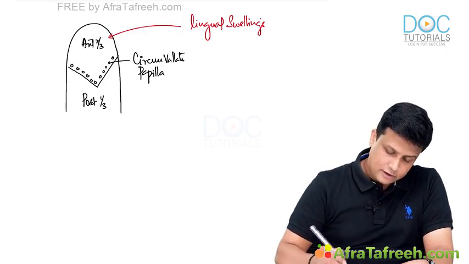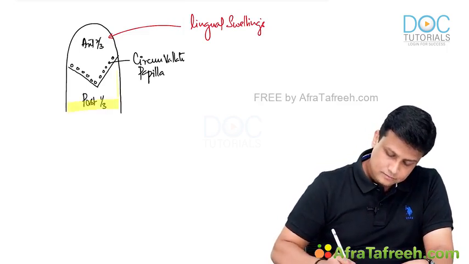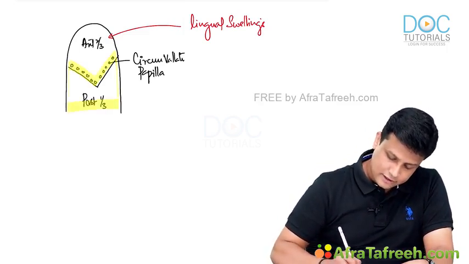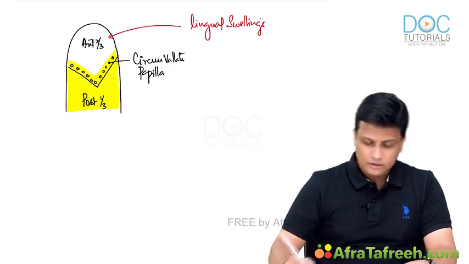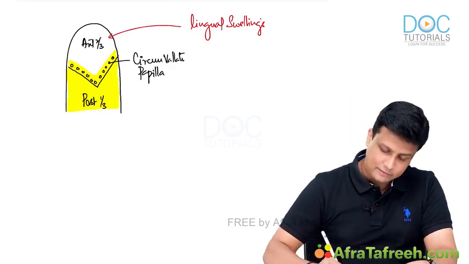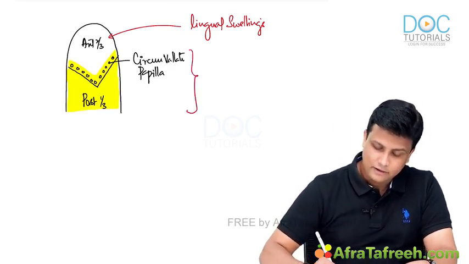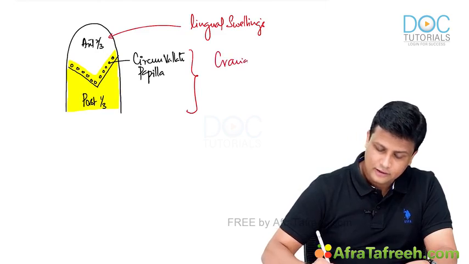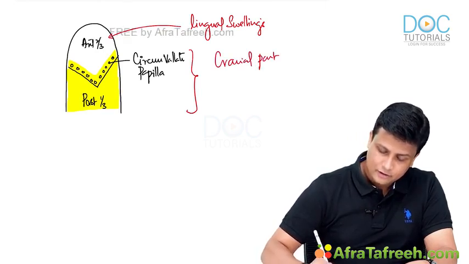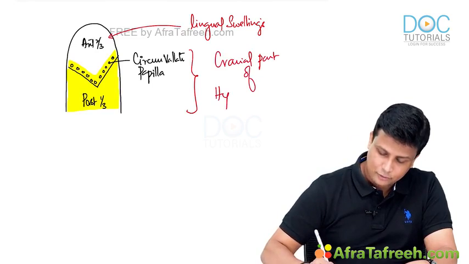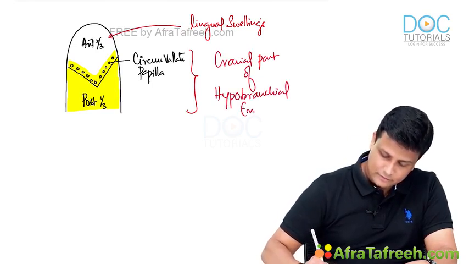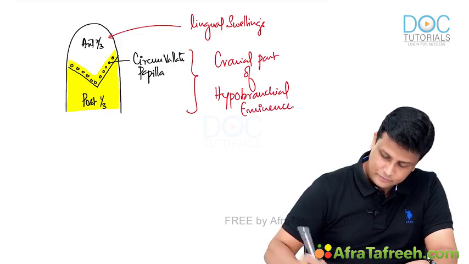Then what about the posterior 1/3? The posterior 1/3 of the tongue along with the circumvallate papillae, all this will be derived from the cranial part of hypobranchial eminence.